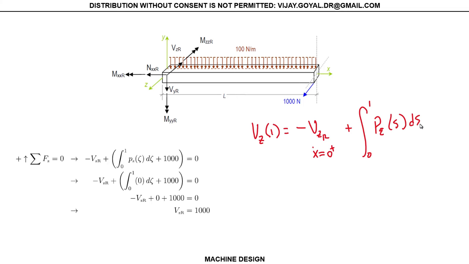So when we do this, what you realize in this particular problem is that on this particular side, you don't only have the distributed load. You can either include this on this side, but you have to know that you have to put this as a minus, but that may be confusing.